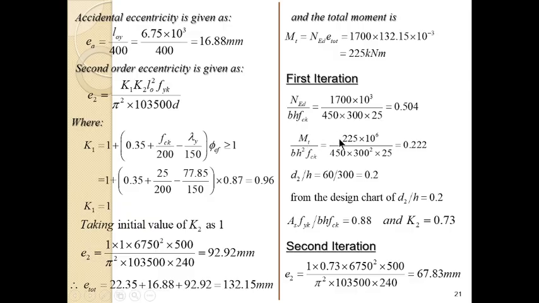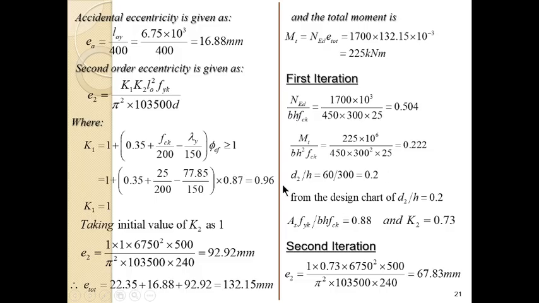M we have calculated as 225 kilonewton meter. We multiply by 10 raised to the power 6 to change it to Newton millimeter. So our B is 450, H is 300, which we square, FCK is 25. If you do that, you have 0.222.